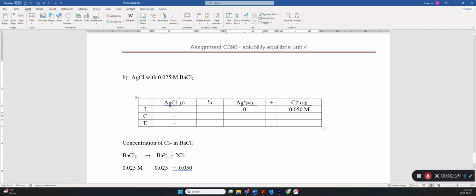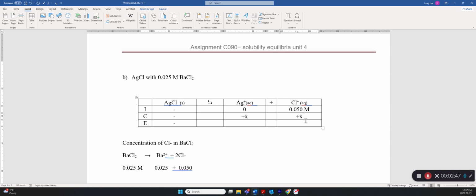Again, because silver chloride dissociates in water, we have plus X amount of it. This time with the chloride, we've got plus X, and we also have plus 0.